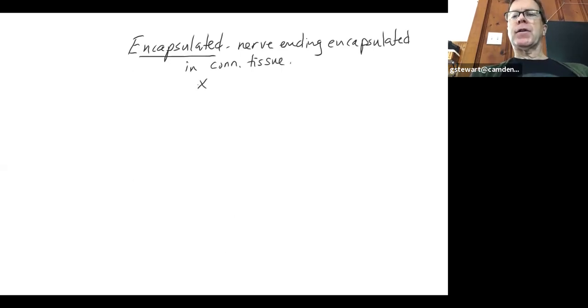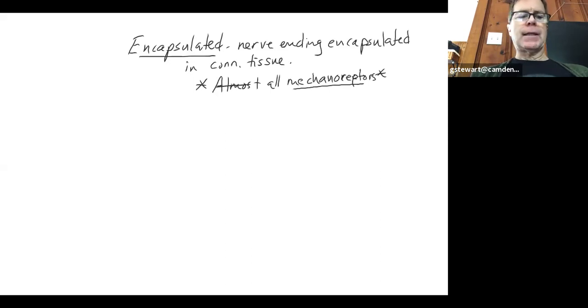Almost all mechanoreceptors are this type. So you don't even have to write almost. All mechanoreceptors are this type. That means things that are sensitive to pressure, touch, stretch, things like that, some sort of physical change stimulation. Deep touch would be these mechanoreceptors, pressure receptors.